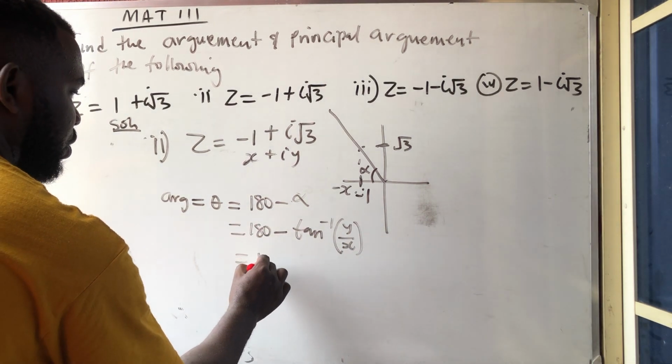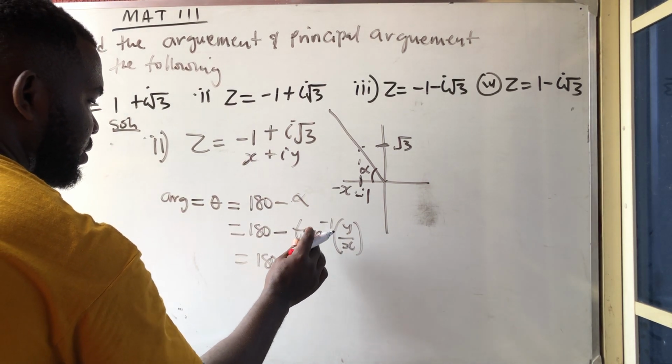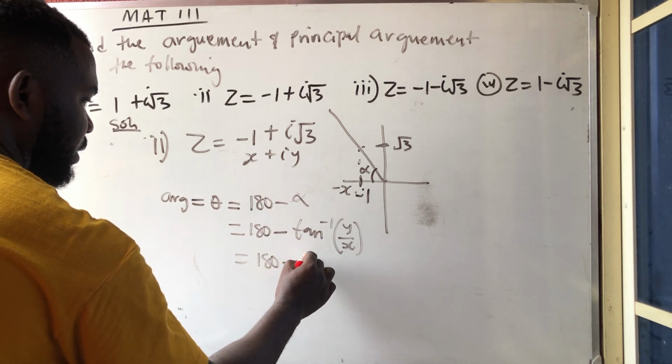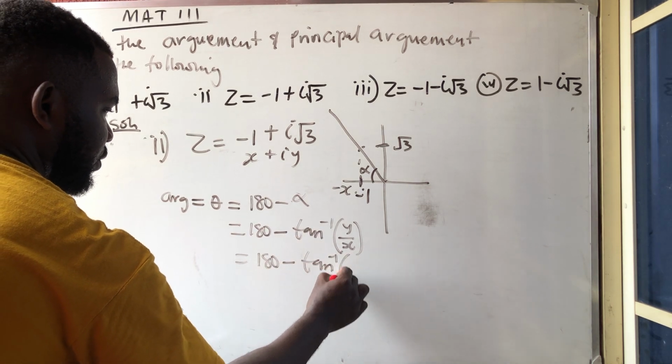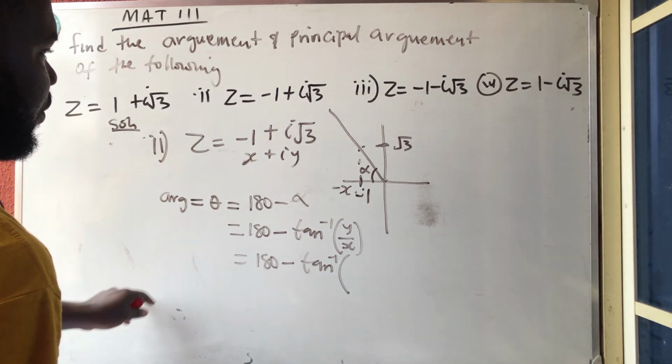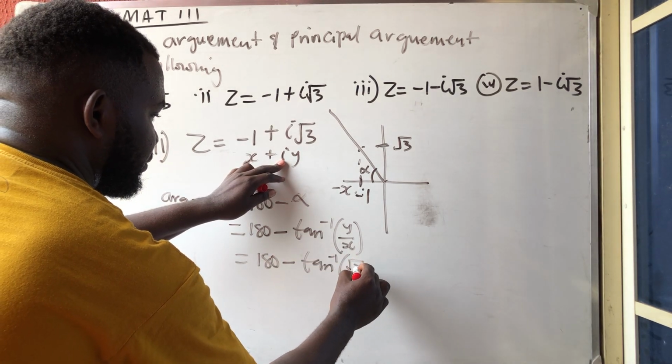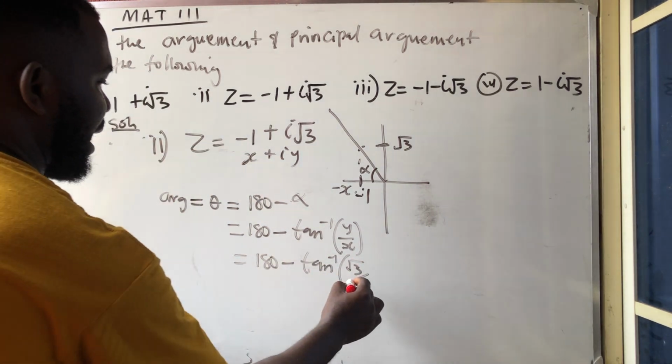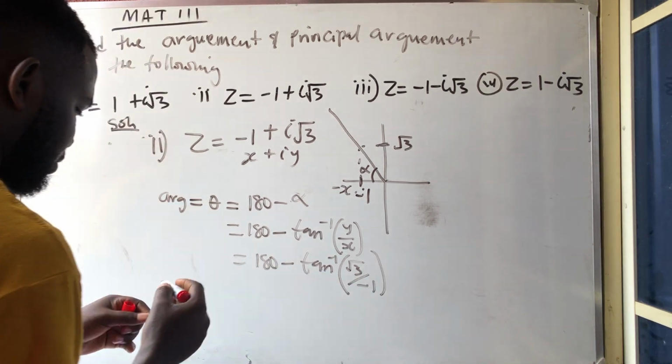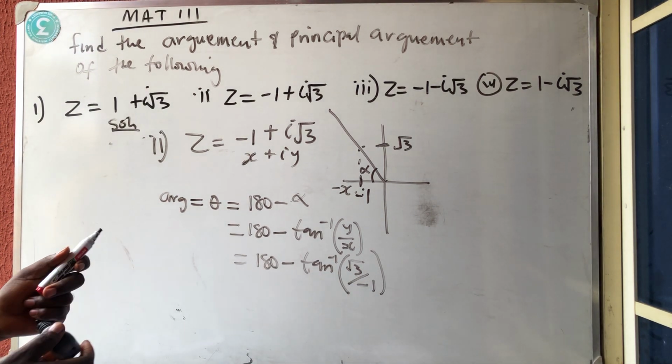So which is 180 minus tan inverse of, my y is root 3, but my x is minus 1. So you see there is a problem here now.